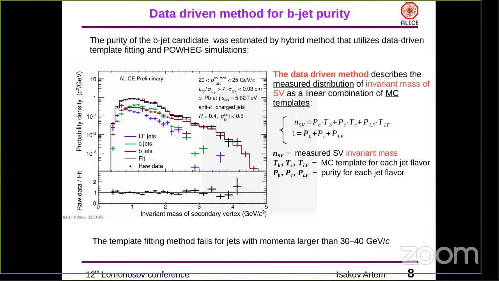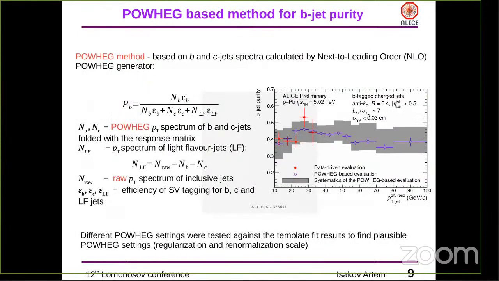In order to obtain a purity estimate for higher momentum, we used the POWHEG generator. So we generated b and c jet particle-level spectra with the next-to-leading-order POWHEG generator, and then we folded those spectra with the response matrix in order to obtain b and c jet spectra on the detector level.